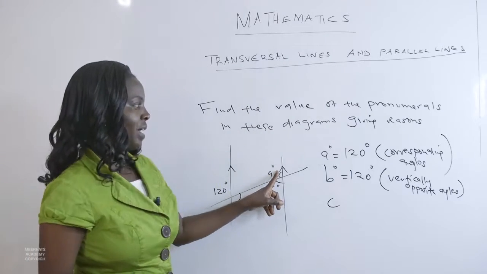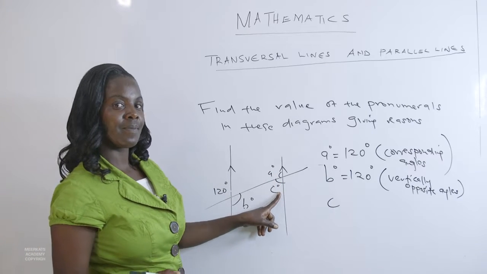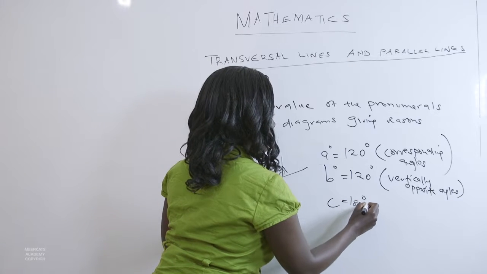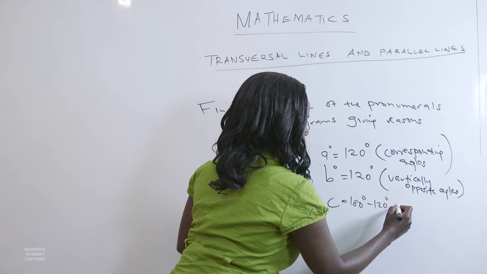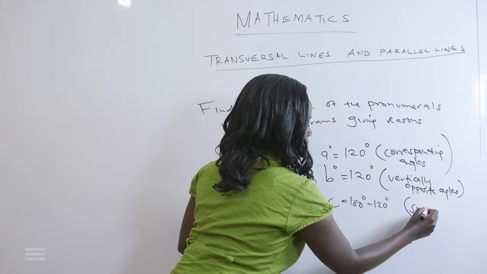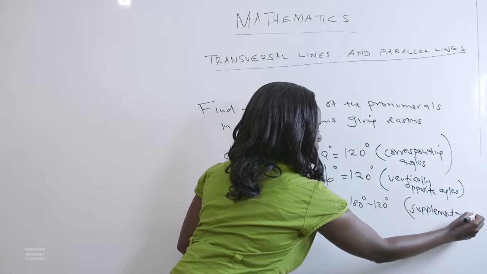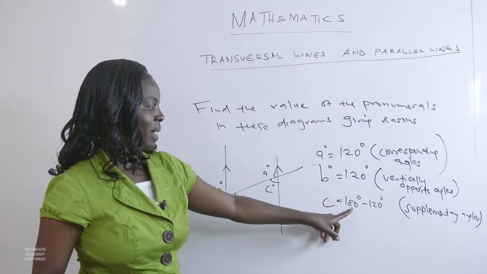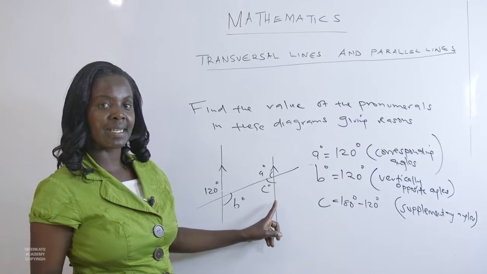So we have our A being 120 degrees. What will be our C? Our C will be 180 degrees minus 120 degrees. These are angles of a straight line.